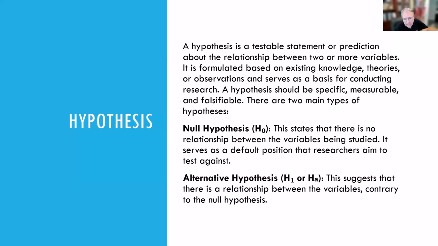And there are two types of hypotheses. There's the null hypothesis, which states that there's no relationship between the variables being studied, and it serves as the default position or statement. It's what you're testing against. The opposite, literally the alternative, is the alternative hypothesis, which suggests that there is a relationship between the variables.